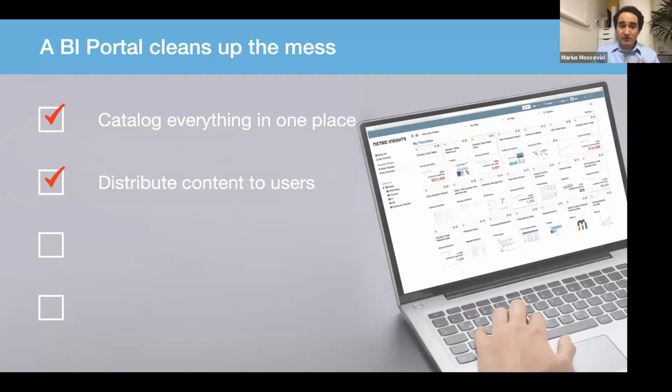If I only have 2 or 3 minutes a day, and I want to spend that time really thoughtfully considering how I'm going to take the information that I'm presented and do something with it, well, then it's really important to present that information to me in as short a period of time as possible. Make it really easy for me. And the way we do that is by distributing that content via email, via Slack, wherever I am. I should be consuming it in such a way that I can immediately get to the content that I'm commonly using every single day.